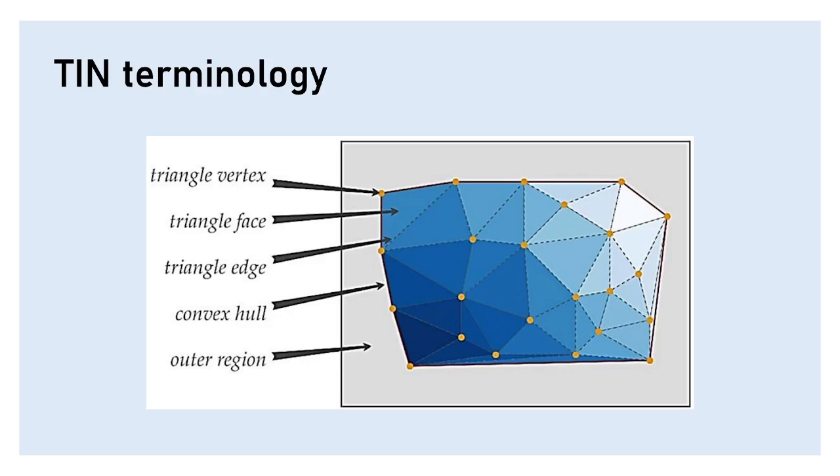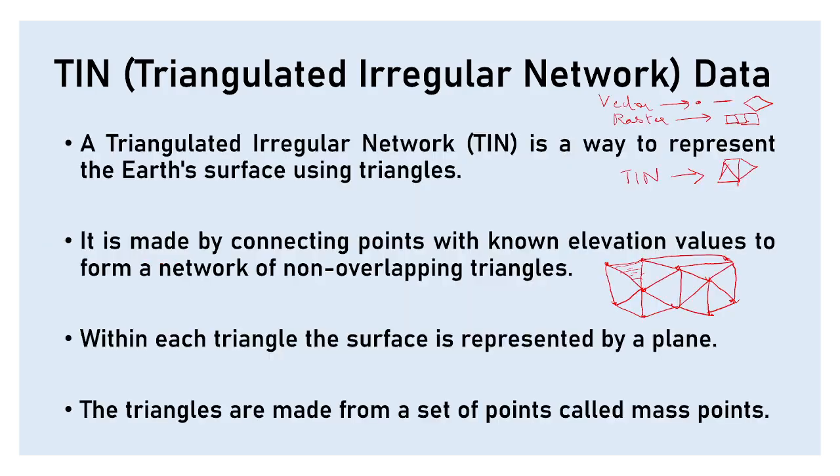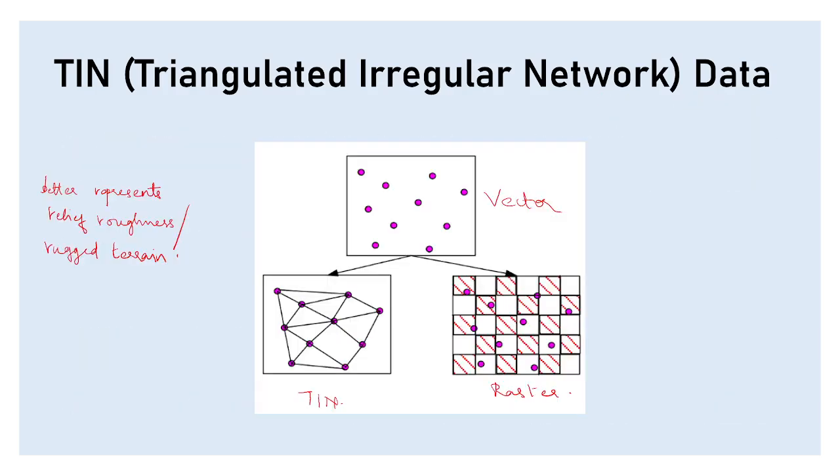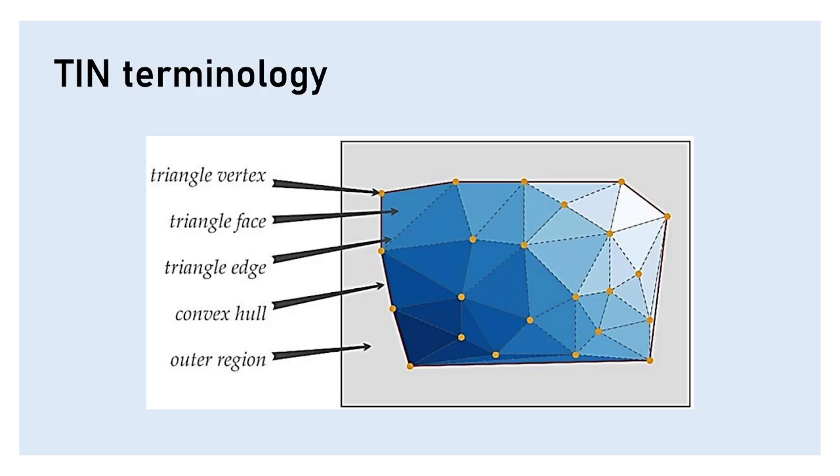So this is the TIN terminology. This point that you have over here, in every triangle, we call this the vertex. So that is the triangle vertex. Then here we have this planar region, that is the triangle face. This is the triangle edge.